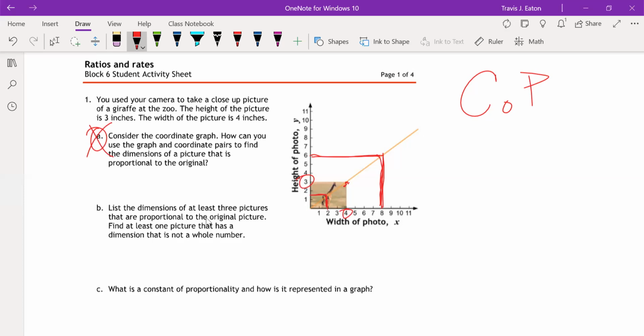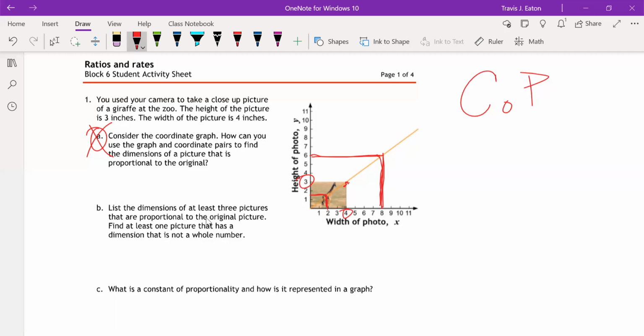So if we want to keep that picture the same, we have to make sure that that corner always is going out the same as it's going up, so that when we look at the ratio of height to width, it will always be the same when we divide. Okay.